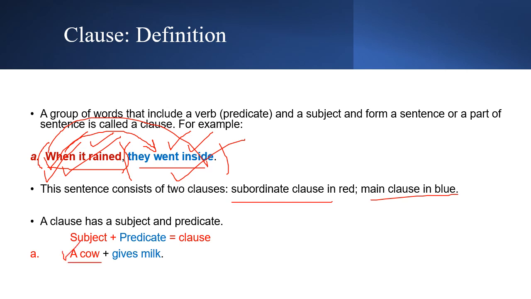That is the animal that is doing something, and it gives milk. Now the word gives is a verb, but gives milk is the predicate, because this bit of the sentence includes a verb. So see that on its own it's a complete sentence, but when it is inside another sentence, that is known as a clause.